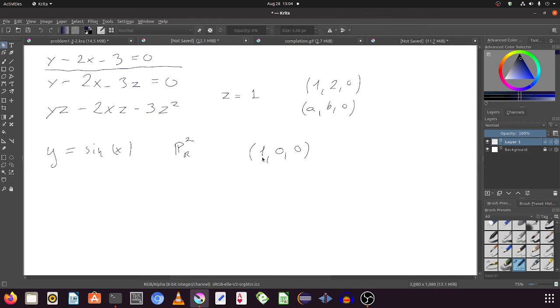It's easy to see that it's dense, because we have the points (nπ, 0), which lie in the affine space, and they equal this in the projective space, which is (1, 0, 1/(nπ)).